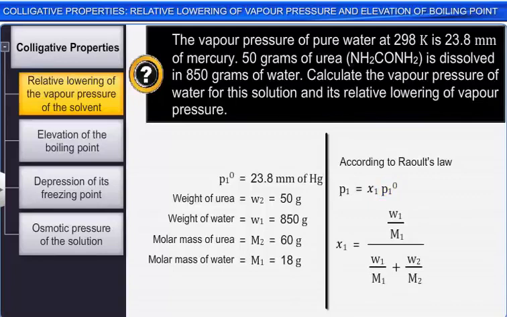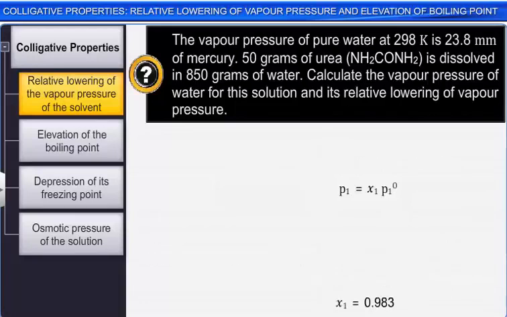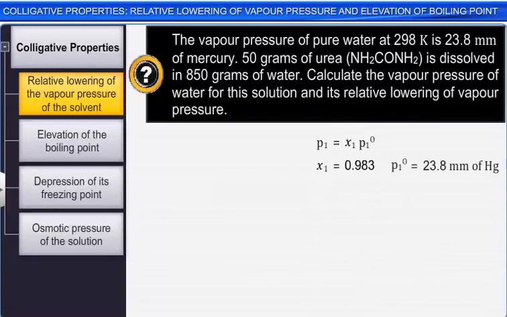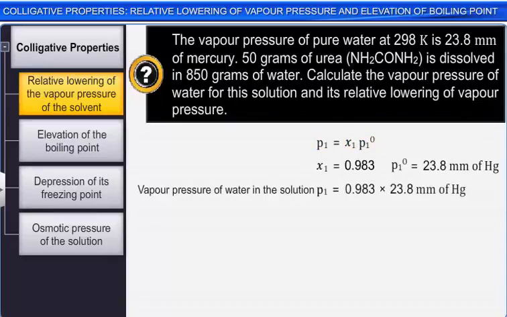Substituting the given values of W1, W2, M1 and M2, and on solving, we get X1 is equal to 0.983. Substituting this value of X1 in the expression, we get the vapor pressure of water for this solution, P1, is equal to 0.983 × 23.8, which is equal to 23.395 mm.